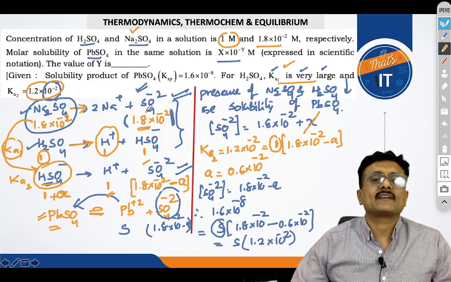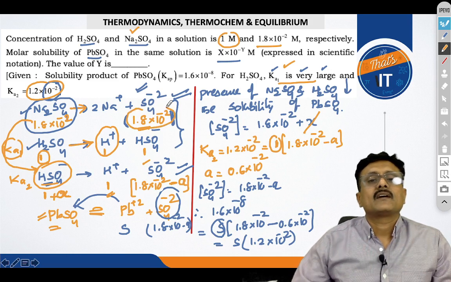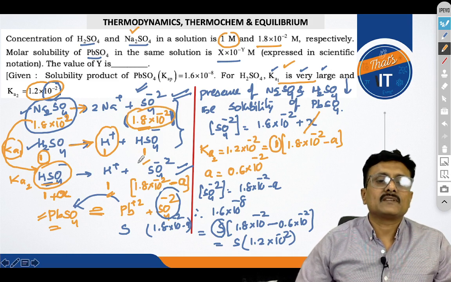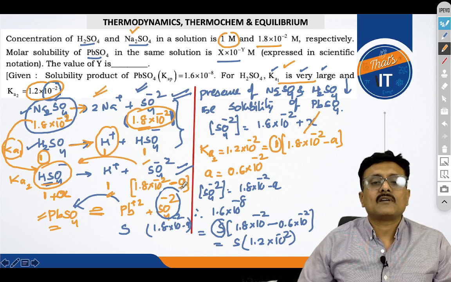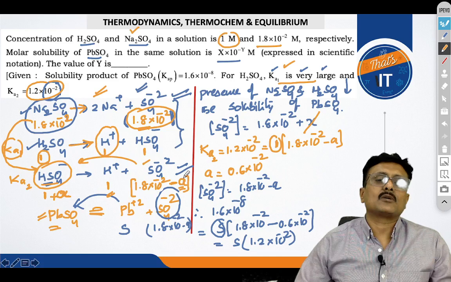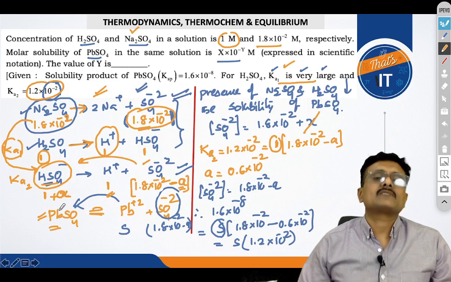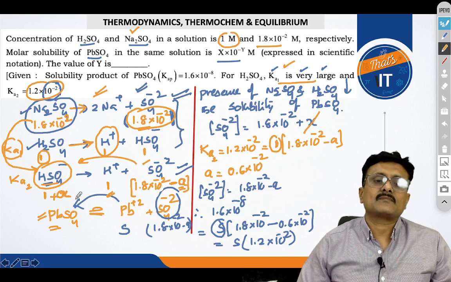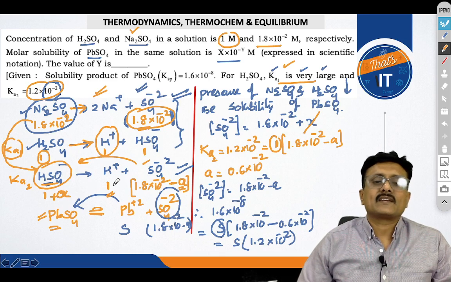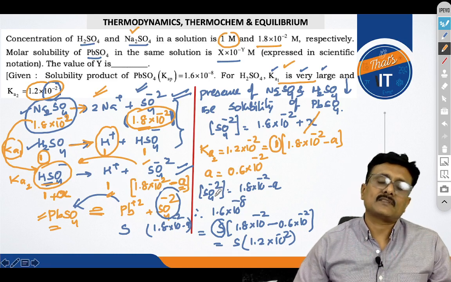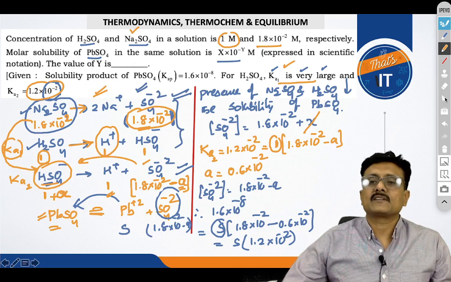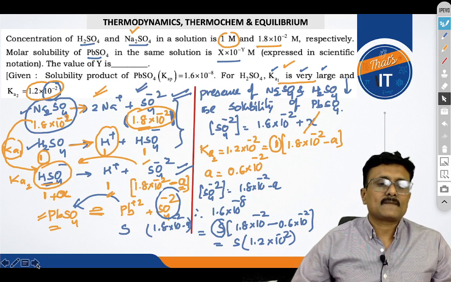I took the sulfate ion as if it is coming only from the Na2SO4, but because of the backward shift by the addition of Na2SO4, some moles of SO4 2 minus have also reacted. How many moles? A, and that will add to the HSO4 minus in the backward direction. Alright, so you got Ka2, and from Ka2 we got the value of A, and from that we got the concentration of sulfate ion, and we have substituted there to get the right answer, isn't it? Easier.